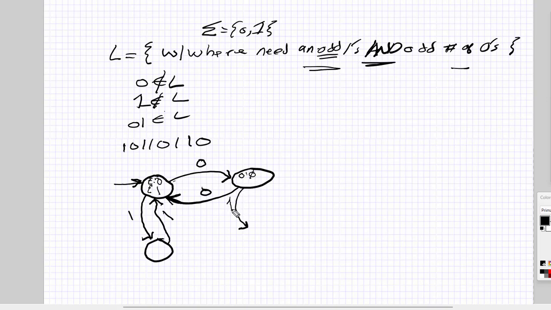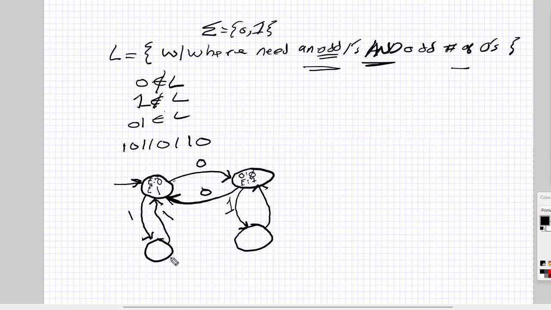But if I read a 1, I go to this state. Now if this state reads another 1, it's going to go back to this state. Now I end up with an even number, E for even, of ones, because I'll have two ones all the time.